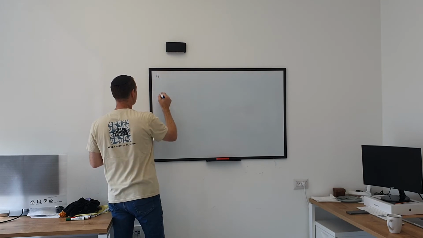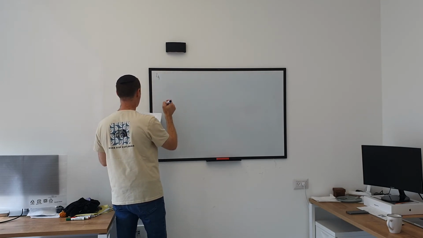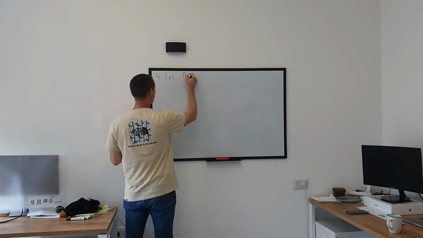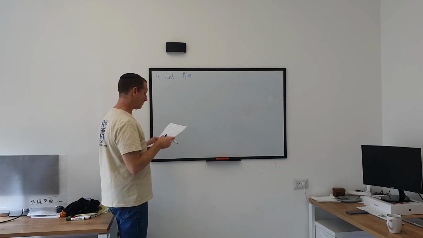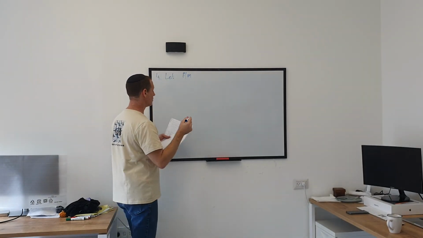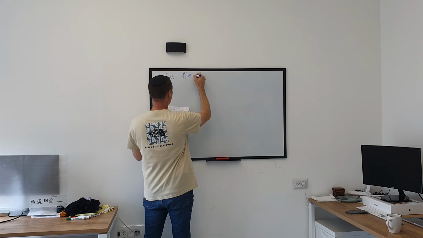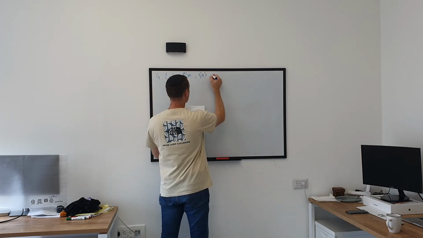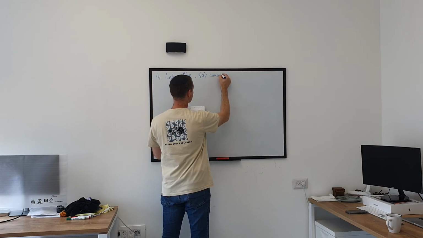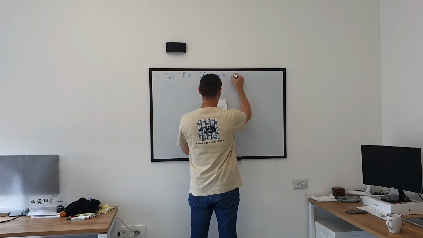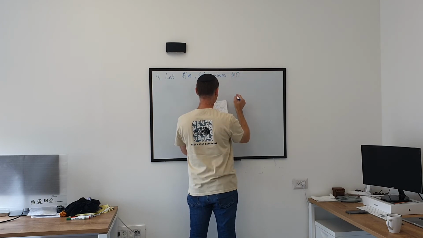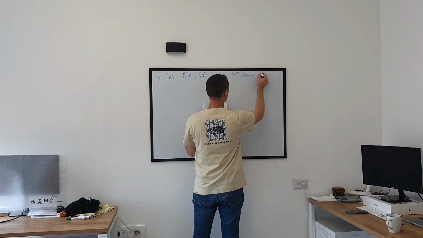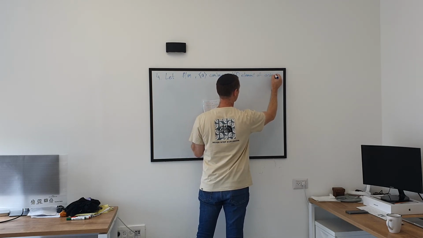The next theorem says the following: let f divide m, where m again is the size of the group A. Then the cyclic group A contains phi f elements of order f.